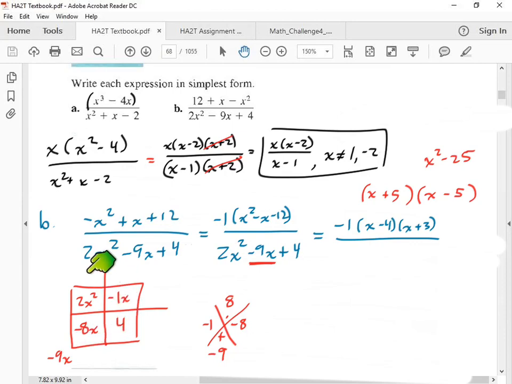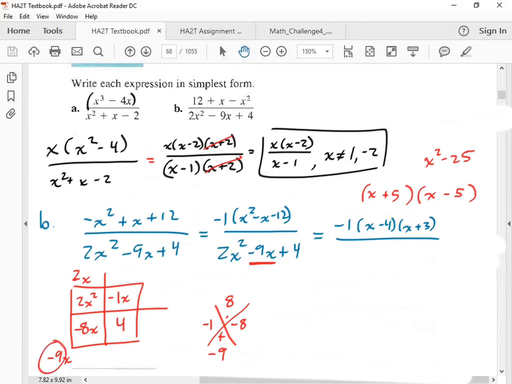So now we have to find the numbers that go on the outside here. The way you do that is you look at each column and each row one by one. So there's 4 that we have to do. What can I divide both of those by? 2x. I can take a 2x out of both of those. What about right here? What can I take out of both of those? Why are they both negative?